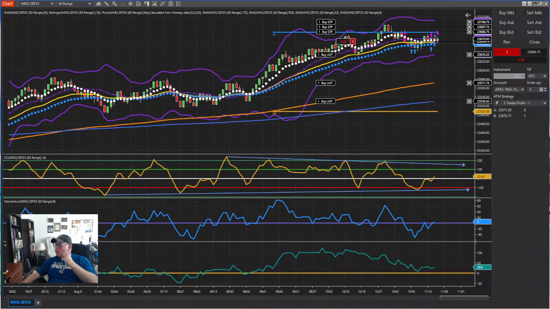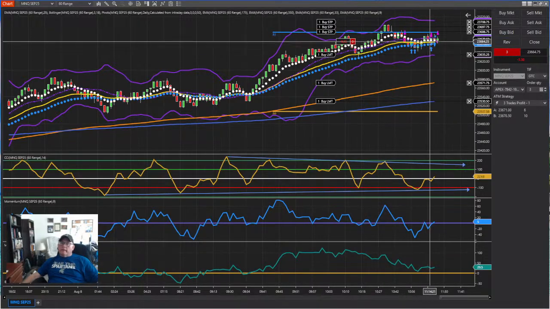Three-minute chart might be showing a green bar and we'll exit. Or should we reverse? This could be a good reversal point.